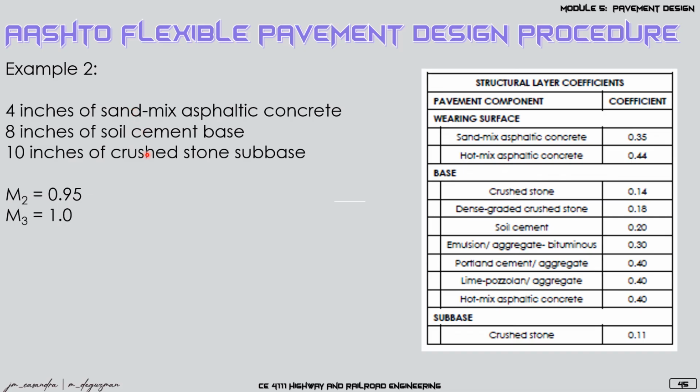We're given the different materials and we're given M2. For the wearing surface, it's sand mix asphalt, so we are going to use A1 equal to 0.35. It's a soil cement base, so our A2 is 0.2 and our subbase is equal to 0.11. So just substitute the values.